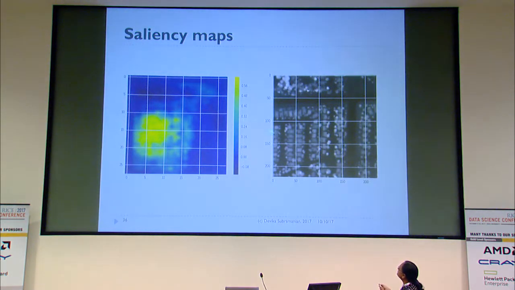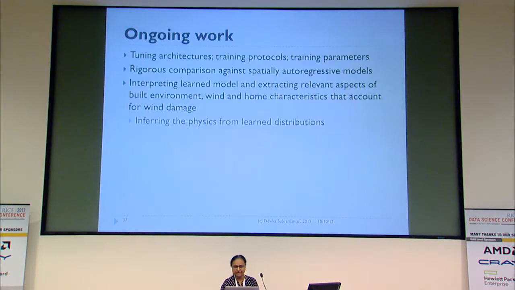So this map is built by essentially zeroing out a square in here and then seeing the impact, running the model on it. Essentially, we're told if these homes were eliminated, the risk to these homes is going to go much higher. So these are very interpretable. Our ongoing work right now is tuning these architectures, tuning the training protocols, and we will be publishing this in the next month.